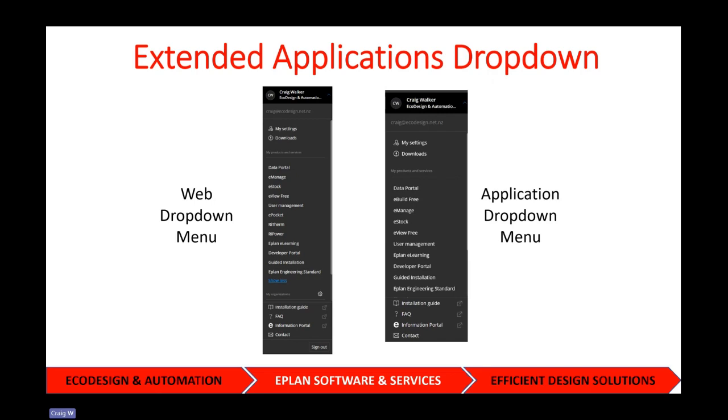So I would highly suggest when you start getting involved with this, have it explored. Pop them both open, have a look at the different applications, and get a feeling for what's offered in both places. And quite often we use them in parallel. We have a web browser backend open with ePlan Cloud, and at the same time we're using it through our Pro Panel or P8.